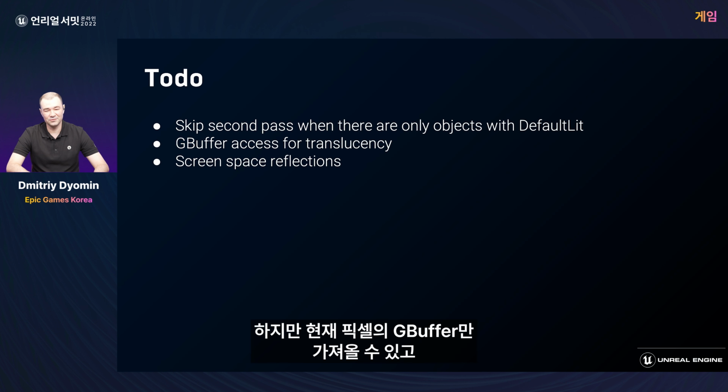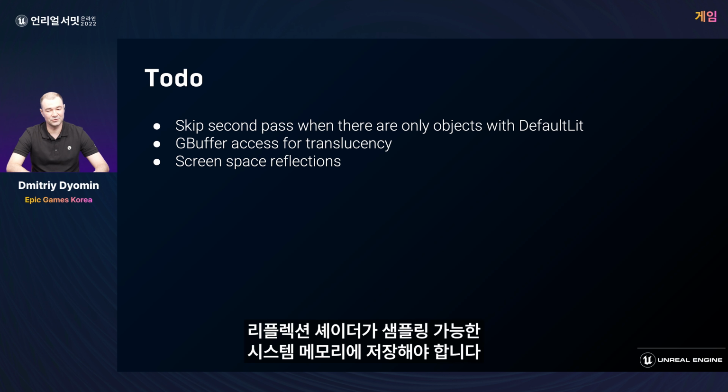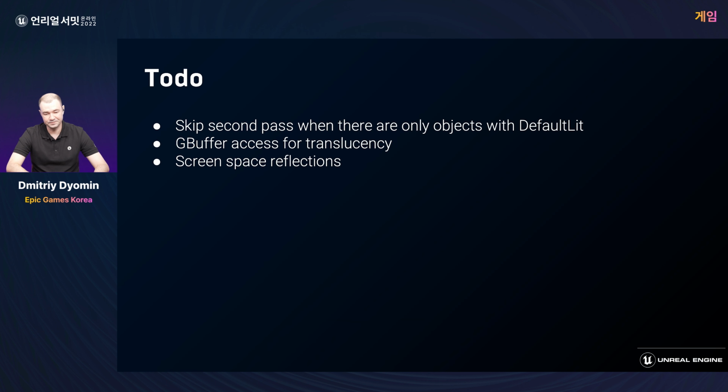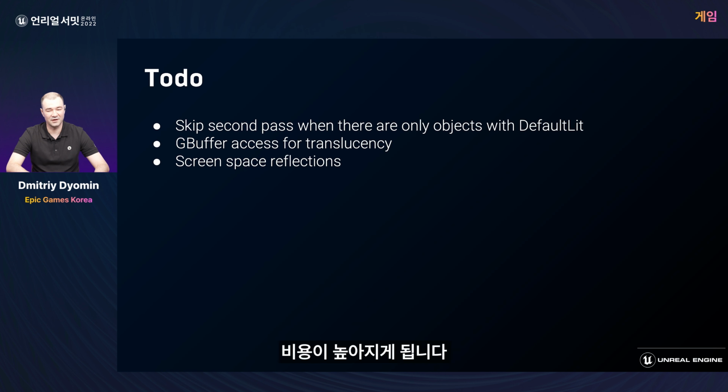But you can fetch only current pixel G buffer and cannot sample any other pixels. Also, screen space reflections will be a nice feature for mobile deferred shading. Problem is that we will have to store some of the G buffer targets to a system memory where a reflection shader can sample them. That will increase memory traffic between GPU and system memory and could be expensive.